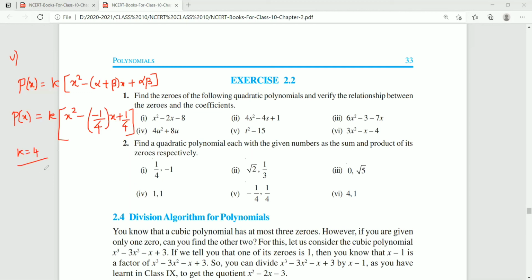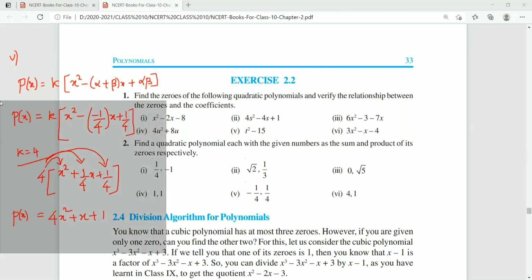So you get 4 times x square minus into minus, it will become plus 1 by 4x plus 1 by 4. Now multiply the 4 inside, you get 4x square. When you multiply here, this 4 and 4 will get cancelled, you get x. And when you multiply here, this 4 and 4 will get cancelled and you get 1. So you get p of x as 4x square plus x plus 1. Let's move on to the last question.